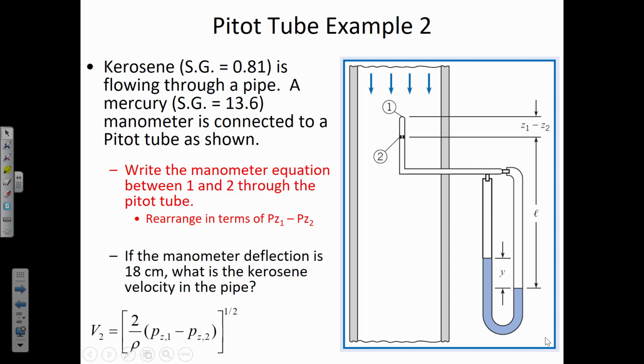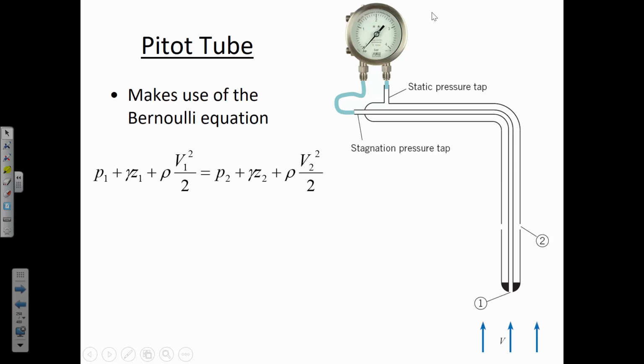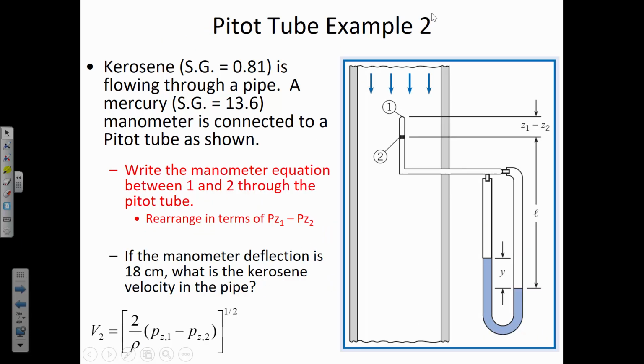That should sound familiar because over here in the manometer equation, you just rearranged to find what is P sub Z1 minus P sub Z2. In other words, we're using the manometer to find the difference in piezometric pressure between the 2 points. Rather than using this gauge, we're using a manometer instead of a direct pressure gauge.